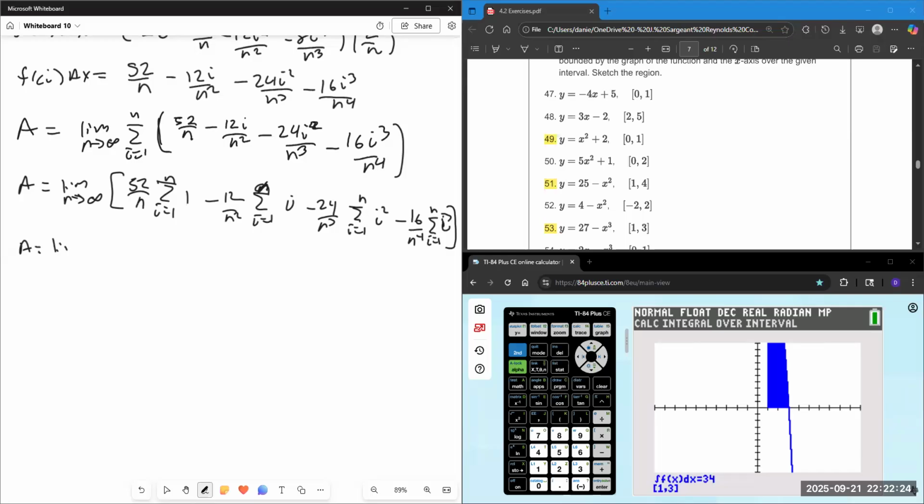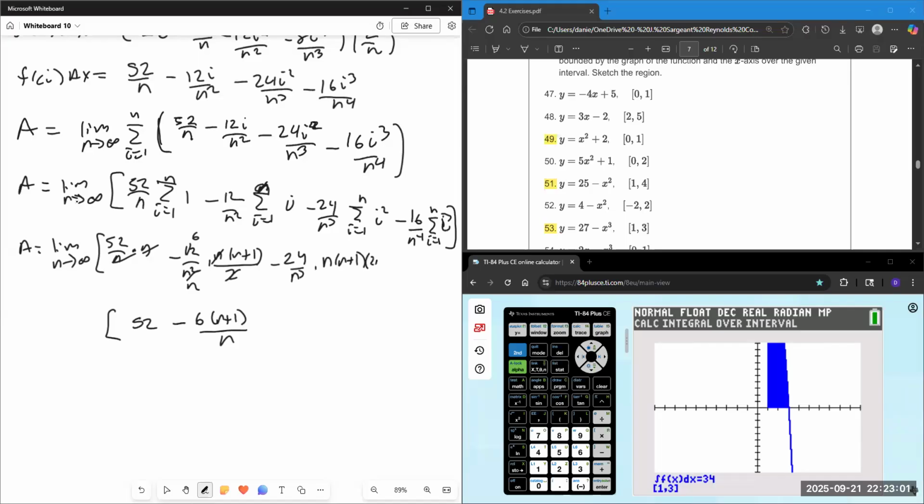A equals the limit as n goes to infinity of 52 over n times n, minus 12 over n squared times n times n plus 1 over 2, minus 24 over n cubed times n plus 1 times 2n plus 1 over 6.